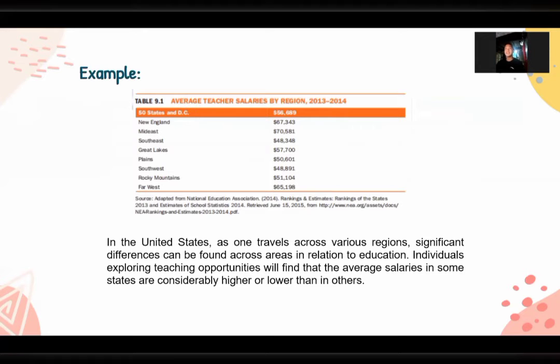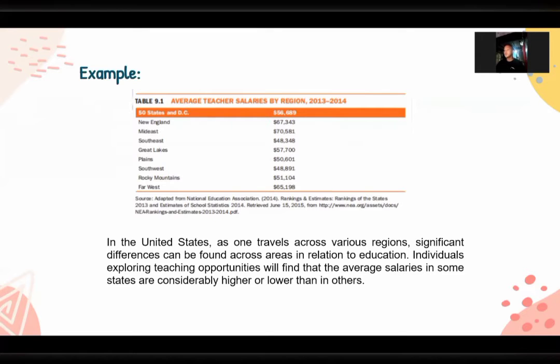The average salary is $56,689. However, regions like the southeast and the Rocky Mountains reveal that teachers' salaries are below average. Such a situation could affect the motivation of educators to teach in that region.